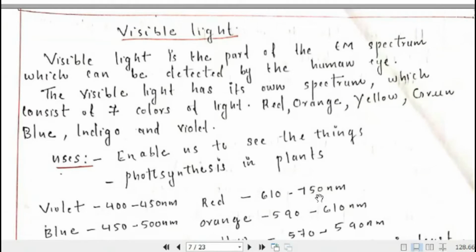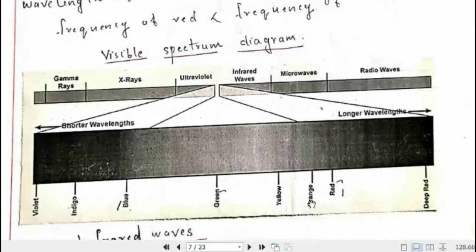As we all know, among the total seven rays of sunlight, only the visible light is the portion which can be detected by the human eyes. The visible light itself is again divided into various rays based on their characteristics. There are seven rays arranged in the visible spectrum also.